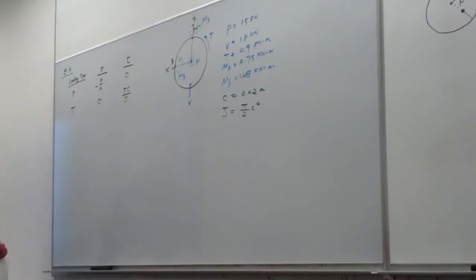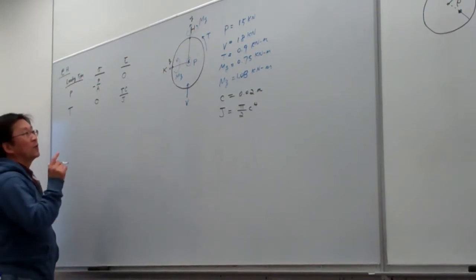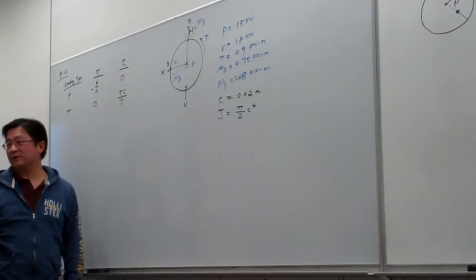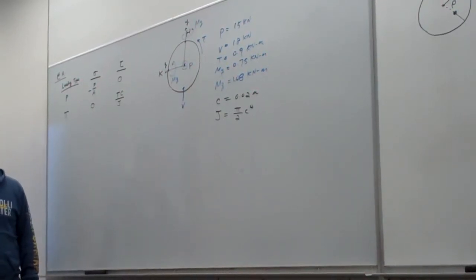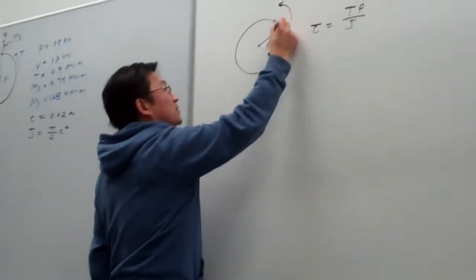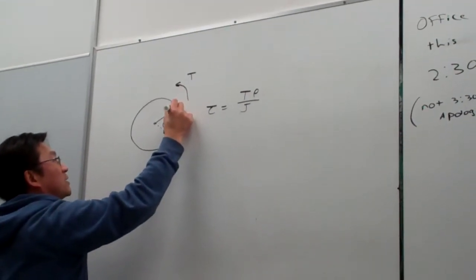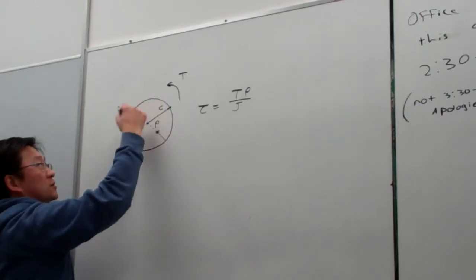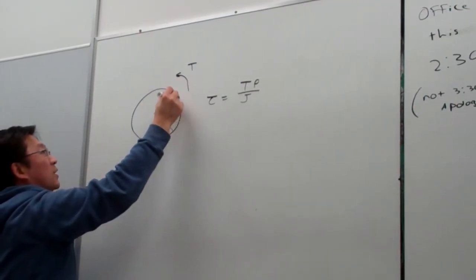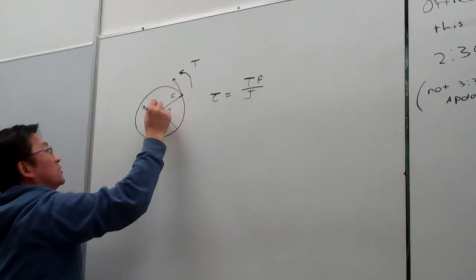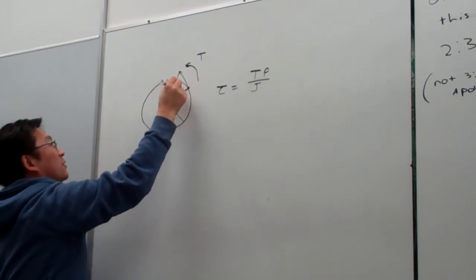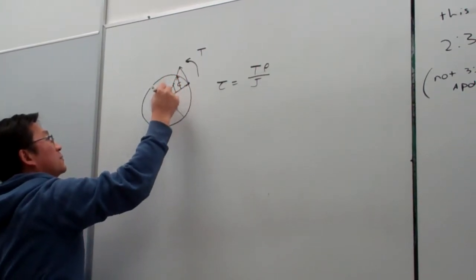Now for this one, what is the direction of the shear stress? The direction of the shear stress becomes important. For this one, we know that the shear stress at this point is tangent to the circle, in the same direction of circulation as T. So along this radius, at any point, the direction of the shear stress will be like this.